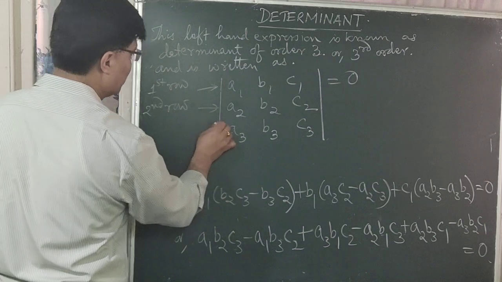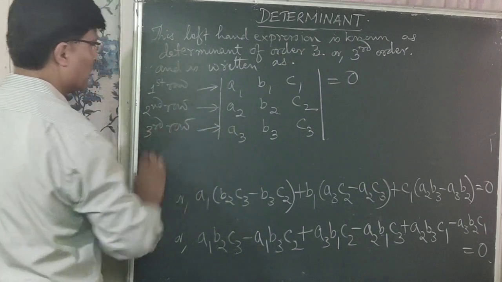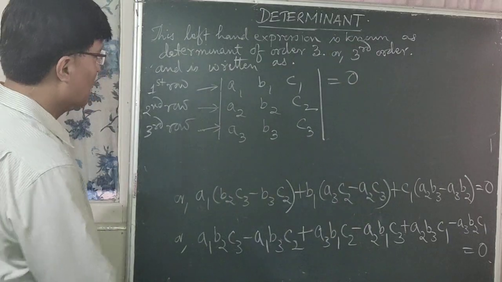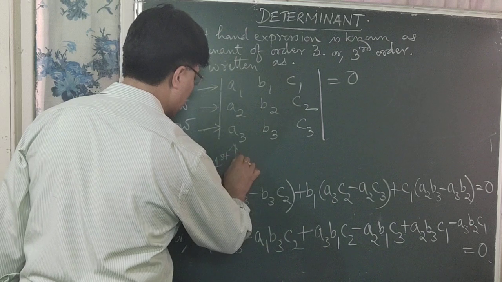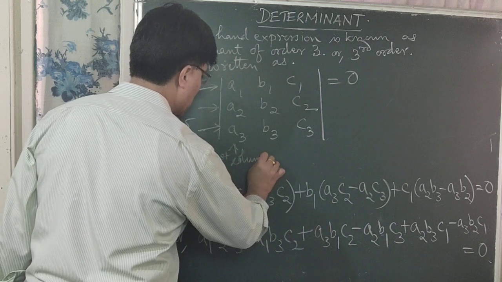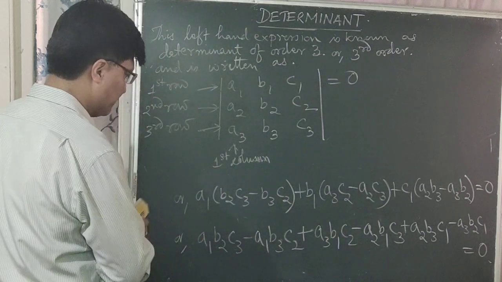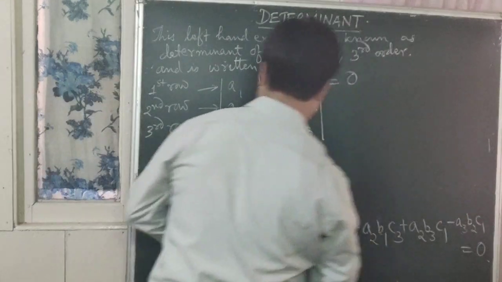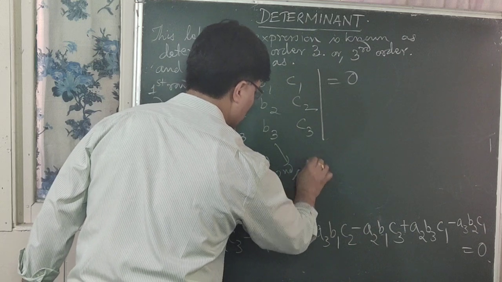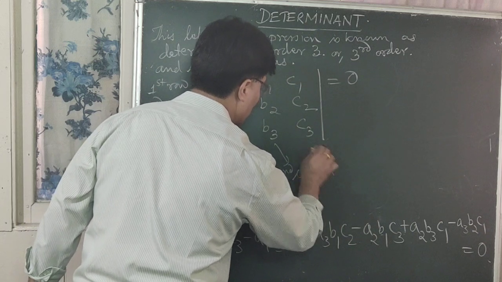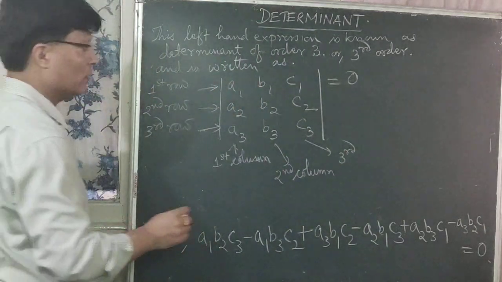This is the second row, and this is the third row. Is it clear? Now, you know that this is the first column. This is first column, right? This is your second column, and this is your third column.